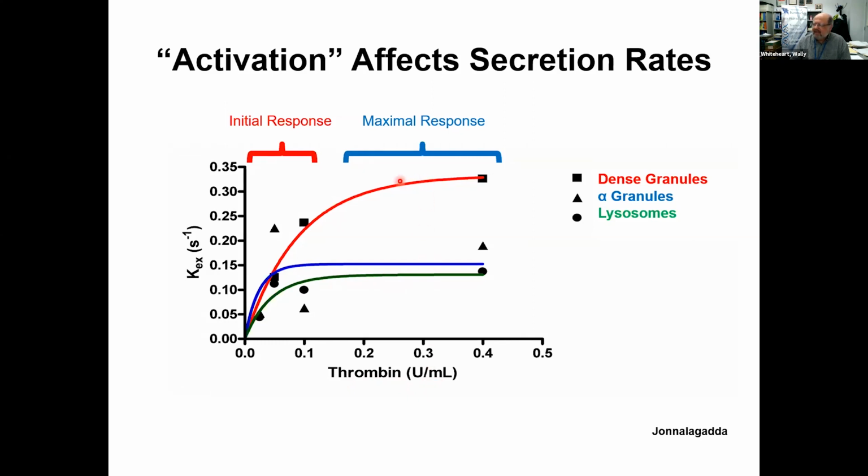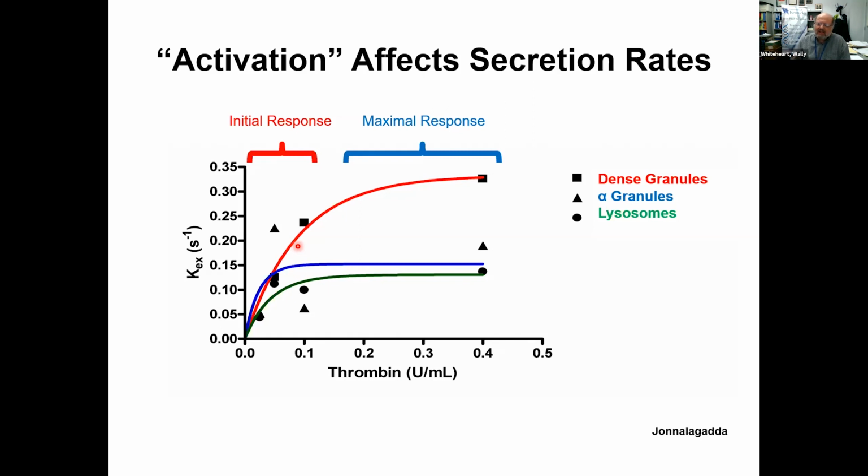So you can be out here where you're saturating the system, the agonist is overloading the system, and you're getting the maximum response. Cargo comes out as fast as it can come out, right? And then in here, at the lower doses of thrombin, you're in the range where it's the most responsive: a small increase in agonist leads to an increase in the rate of release.